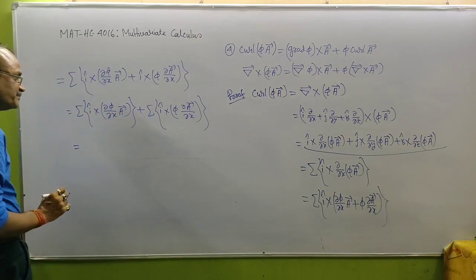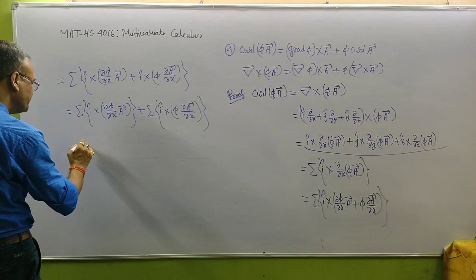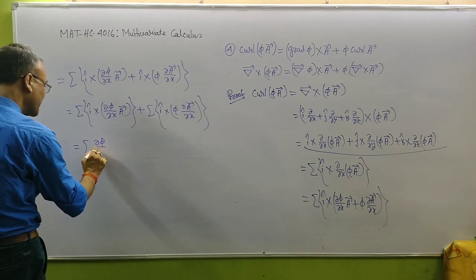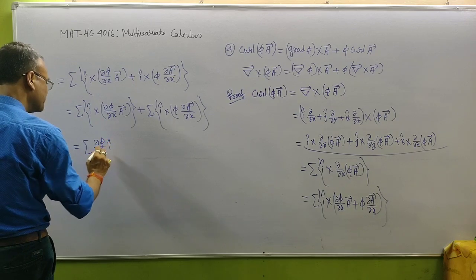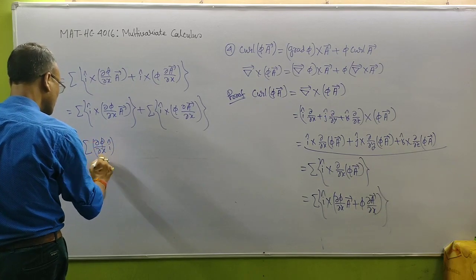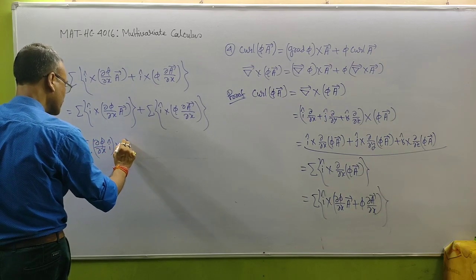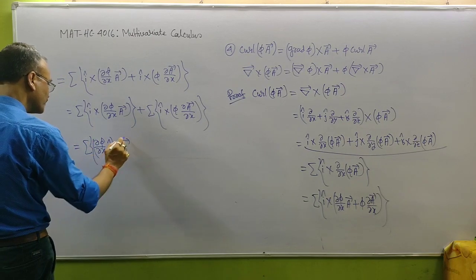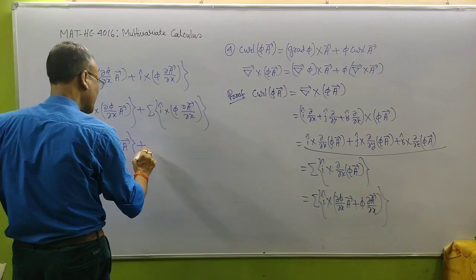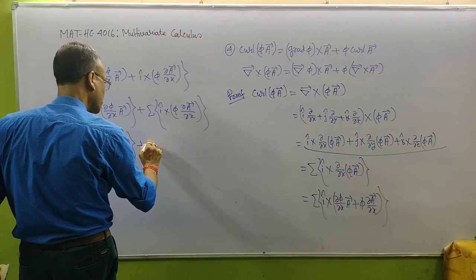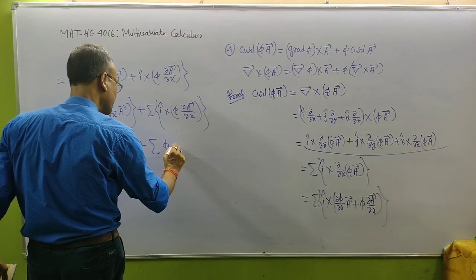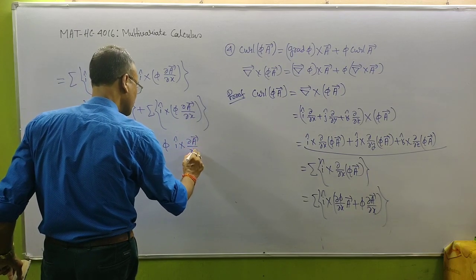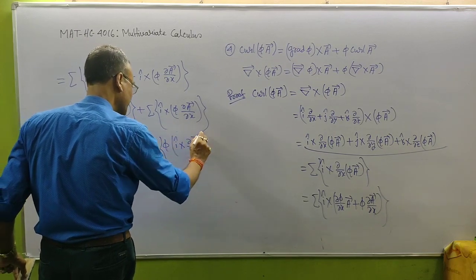This is equal to, now, summation del phi by del x i cap cross A vector, you may write like this, plus summation phi i cap cross del A vector by del x.